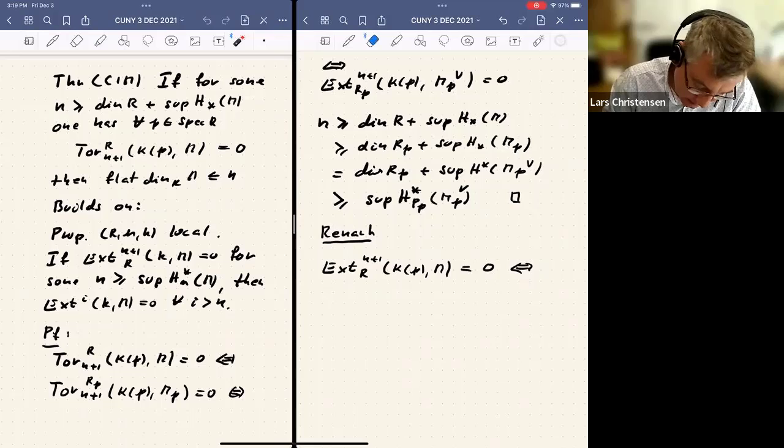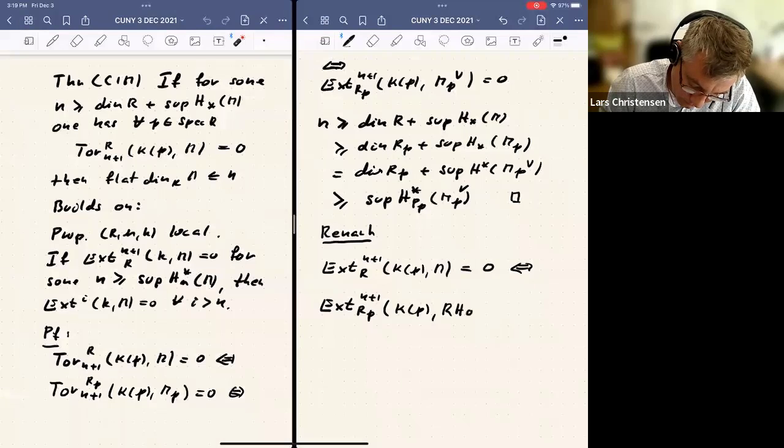And indeed it is, but the problem is that where in the previous case we just got, well, I don't know if the problem, that's just how the world works. When we did it for Tor, we just ended up with Tor of the localization. In this case, when one does the adjointness in the derived category, one ends up with what is often called the co-localization, or derived co-localization, but it's sort of the only co-localization I care about these days.